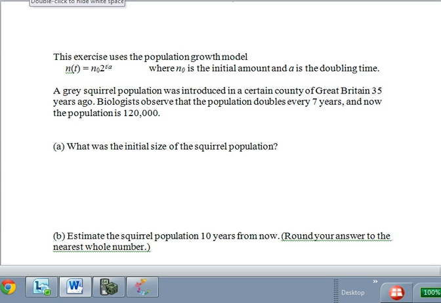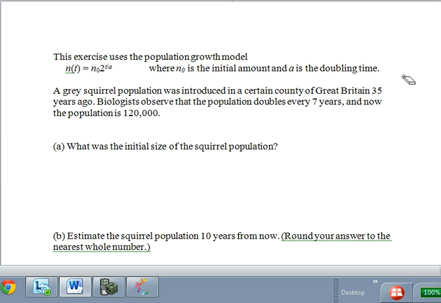In the first problem, we're given that a population of squirrels was introduced 35 years ago, and biologists have observed that the population doubled every 7 years, and that the current population is 120,000.